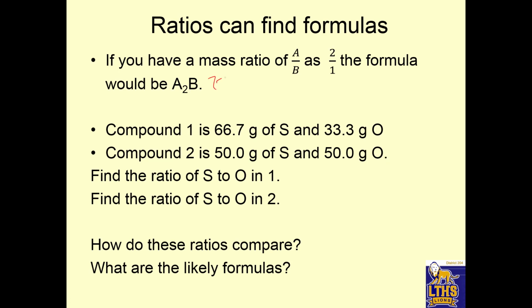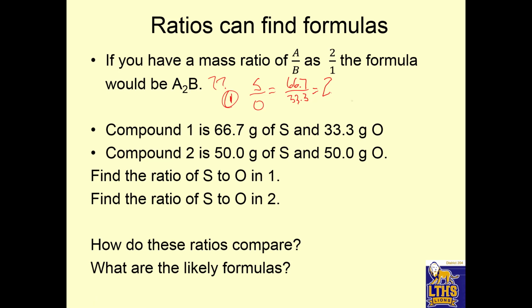So compound 1 is 66.7 grams of S and 33.3 grams of O. Compound 2 is 50 grams of S and 50 grams of O. Find the ratio of S to O in each. So S over O in 1 is going to be 66.7 over 33.3, and that's going to be 2.